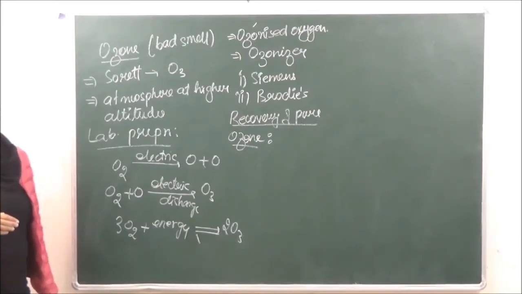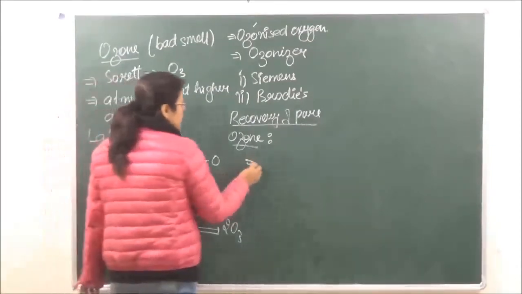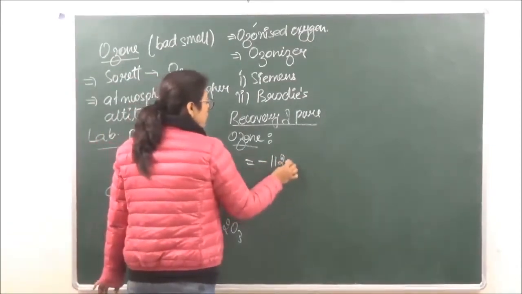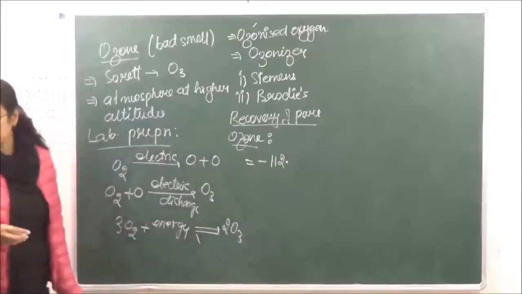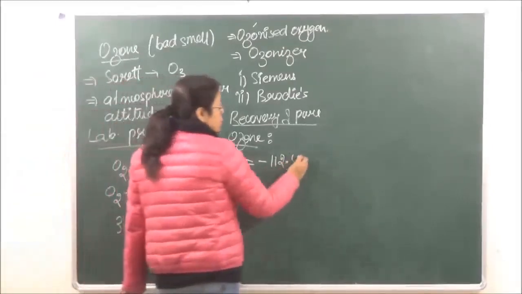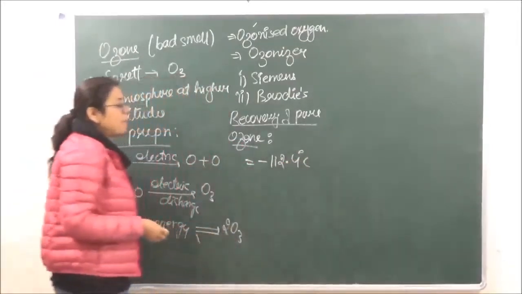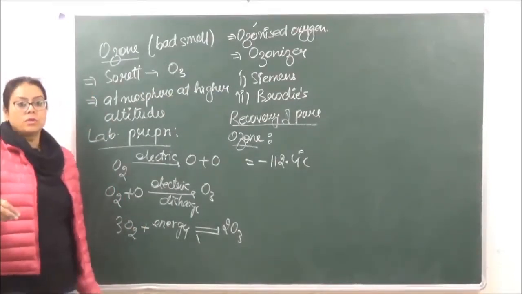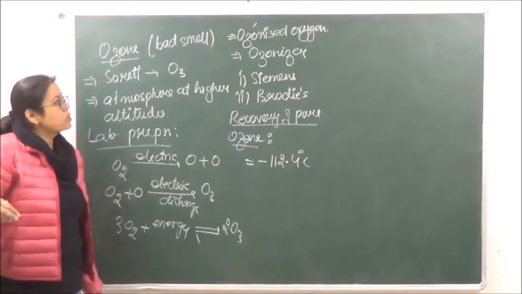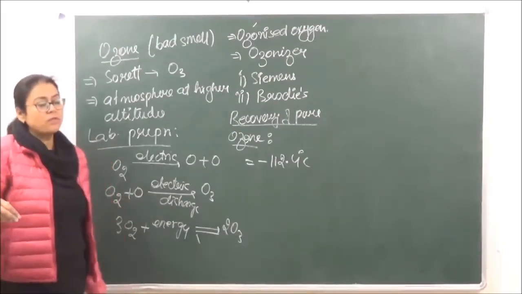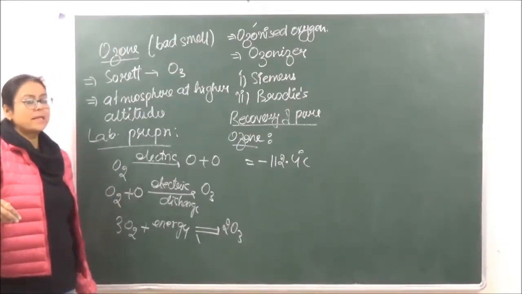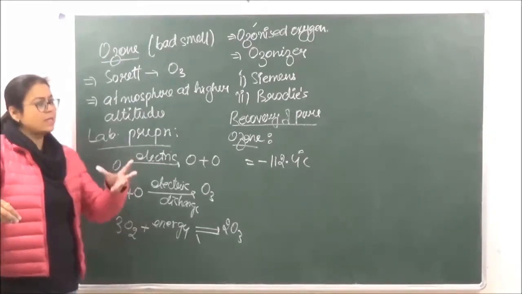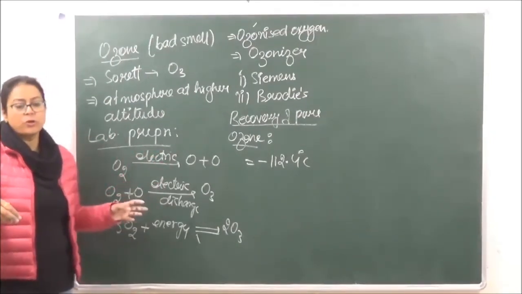Ozone condenses, as its condensation temperature is minus 112.4 degrees centigrade. So what we are doing here is passing the ozonized oxygen formed over here through coils, through spirals, in which the temperature is lowered.